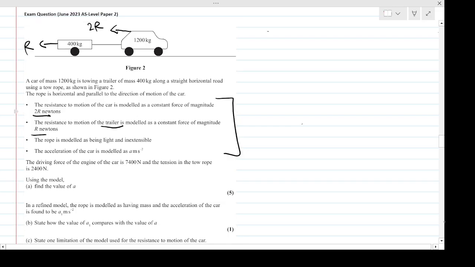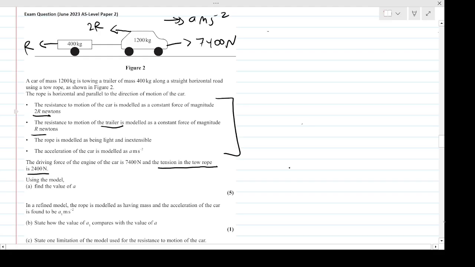The acceleration is A, so again it's going to accelerate forwards. And the driving force of the engine of the car is 7,400, so it's being pulled forward by 7,400 newtons. So it's all moving forward, accelerating forwards. And we're also told the tension in the tow rope is 2,400.